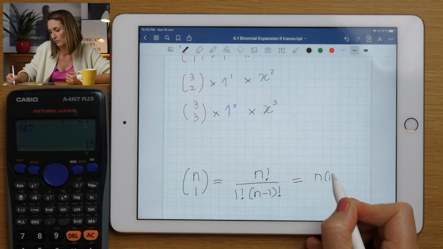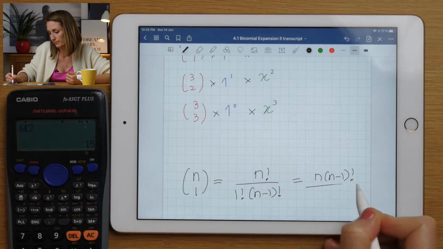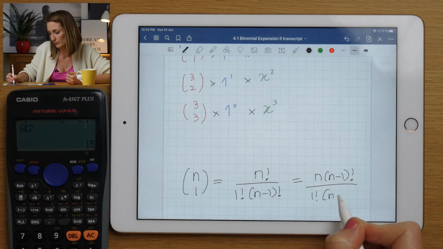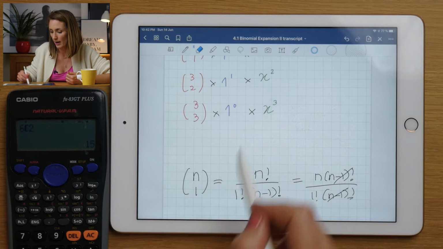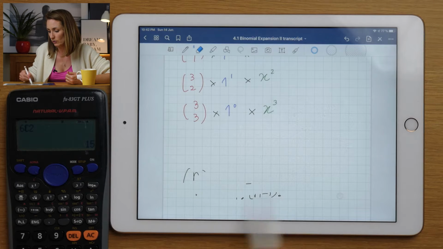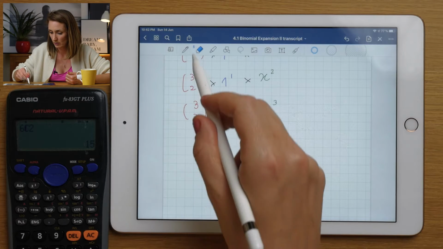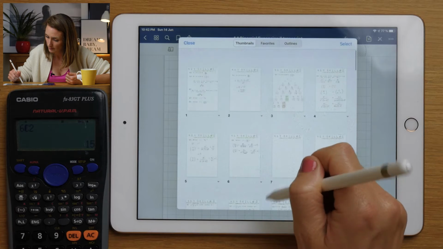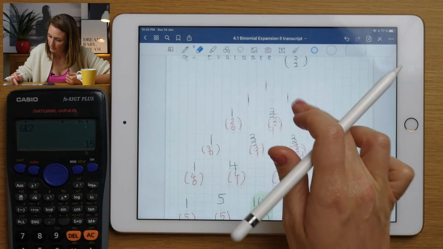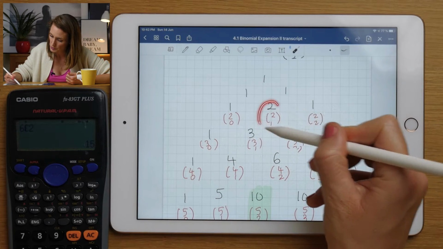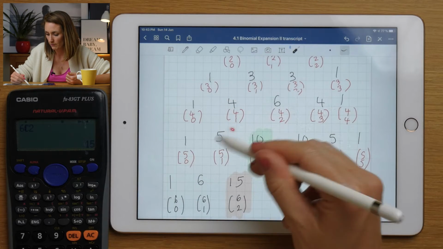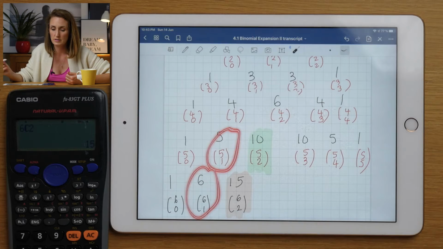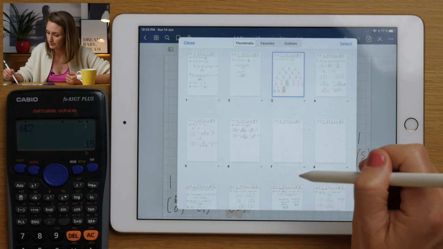If we open that up one more time, that's going to cancel out, and that's going to leave you with n. And if you look at your Pascal's triangle, you can see that 2 choose 1 is 2, 3 choose 1 is 3, 4 choose 1 is 4, 5 choose 1 is 5, 6 choose 1 is 6. So that's another shortcut.